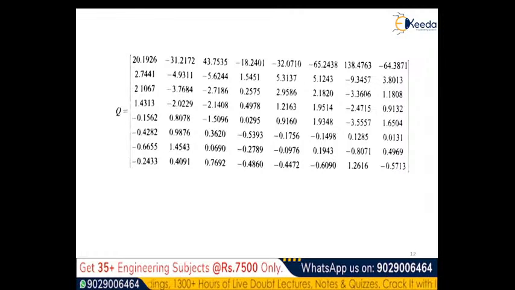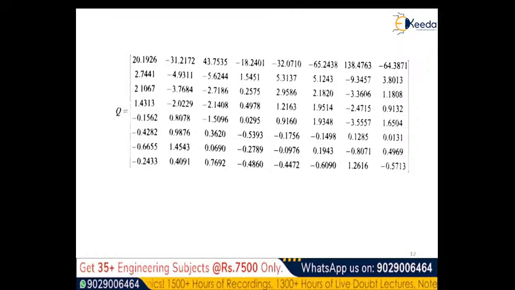This way the first column elements are 2.7441, 2.1067, 1.4313, minus 0.1562, minus 0.4282, minus 0.6655, and minus 0.2433.